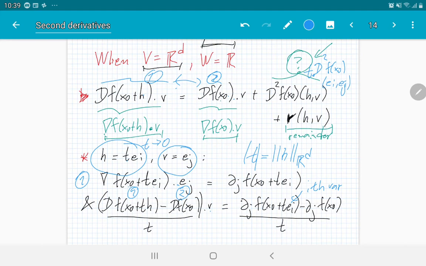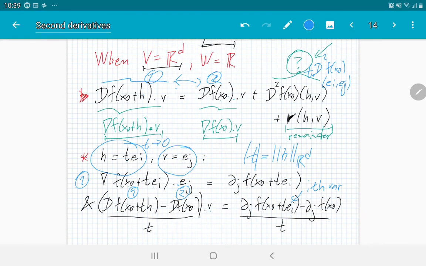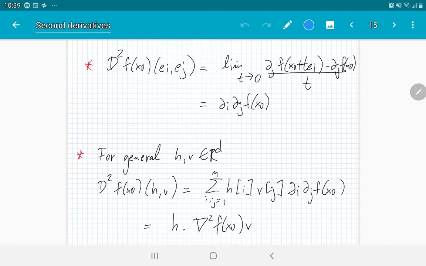When I divide everything by t, this t cancels, and you can prove, just from the fact that the remainder term goes to 0 when divided by the norm of h, so it goes to 0 when divided by t, that this second Fréchet derivative applied to e_i is the limit of this quotient for the jth derivative when you vary the ith variable. And what is that? That's the ith partial derivative of the jth partial derivative. So it's a second order partial derivative, from what we know from calculus.